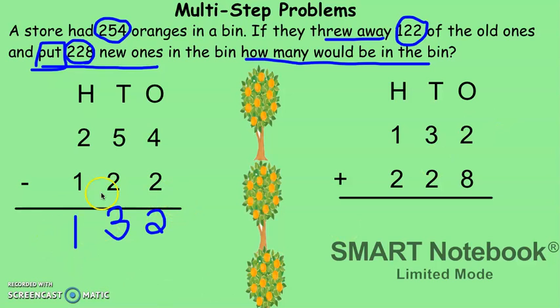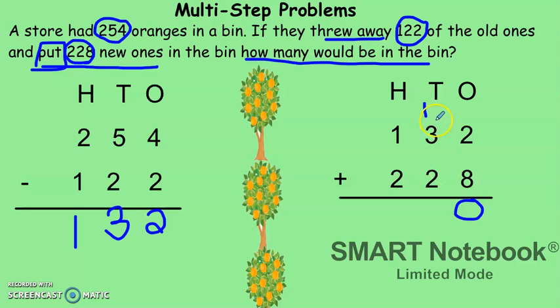So we are taking our difference right here of 132 plus 228. Let's add them. I'm going to get out my pen. So we first look at our ones place. 2 plus 8 is 10. We put our 0 down here and our 1 right here.